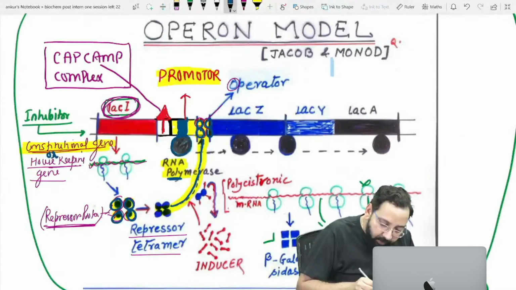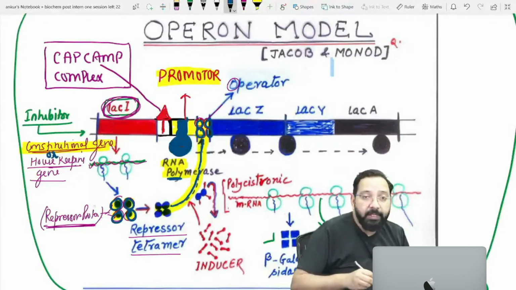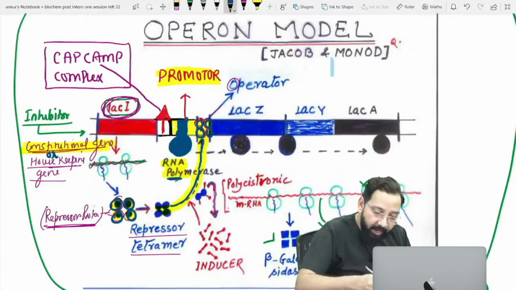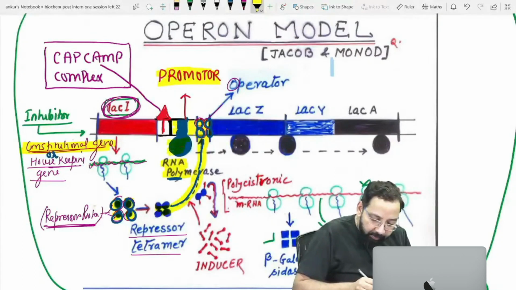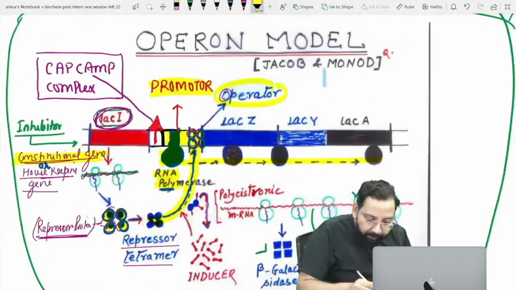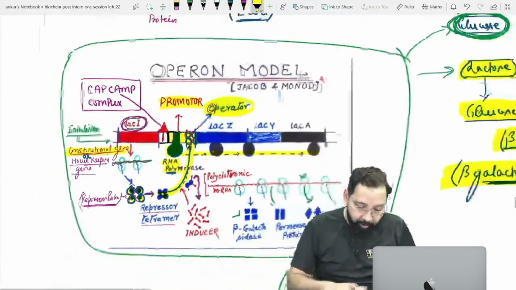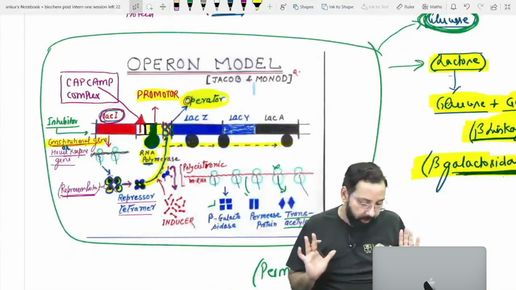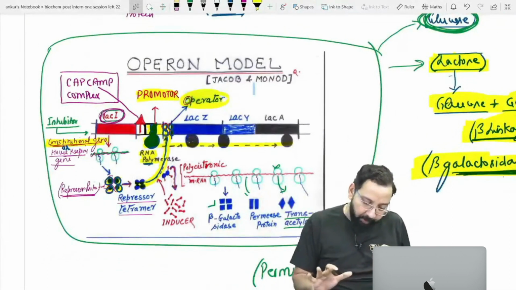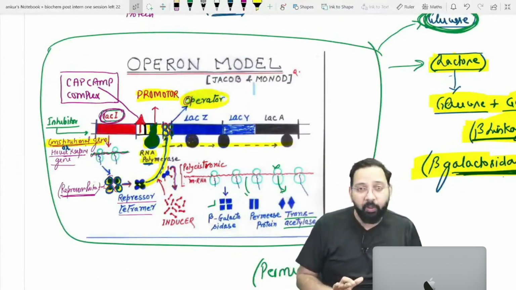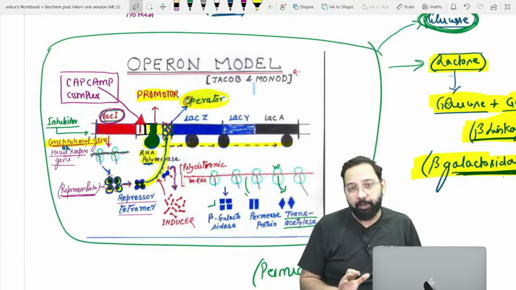This enzyme is RNA polymerase, and this RNA polymerase can synthesize RNA, but this operator is attached with the repressor tetramer. Till now you know a little bit about the E. coli genome and the LAC operon.